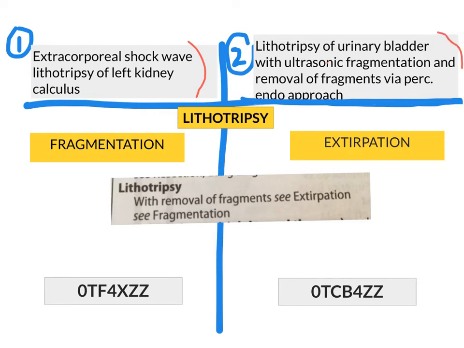And the second example, lithotripsy of urinary bladder with ultrasonic fragmentation and removal of fragments via percutaneous endoscopic approach. So this is a lithotripsy procedure and this is a lithotripsy procedure, but we are actually going to code each of these exercises to a different root operation. So let's talk about this.